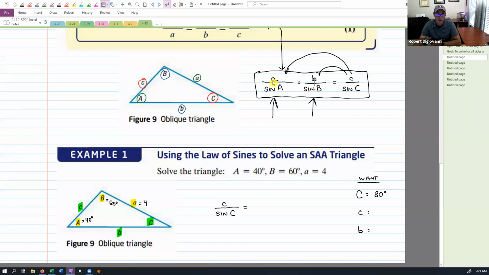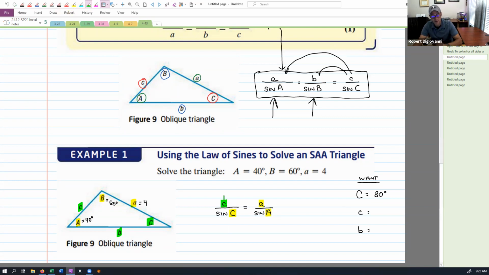So I'm going to use this one, a over sine of A, because again, the things I know are little a, I know capital A, and didn't we just find capital C? Right? We have little a, capital A, and capital C. So all we don't know here is little c.